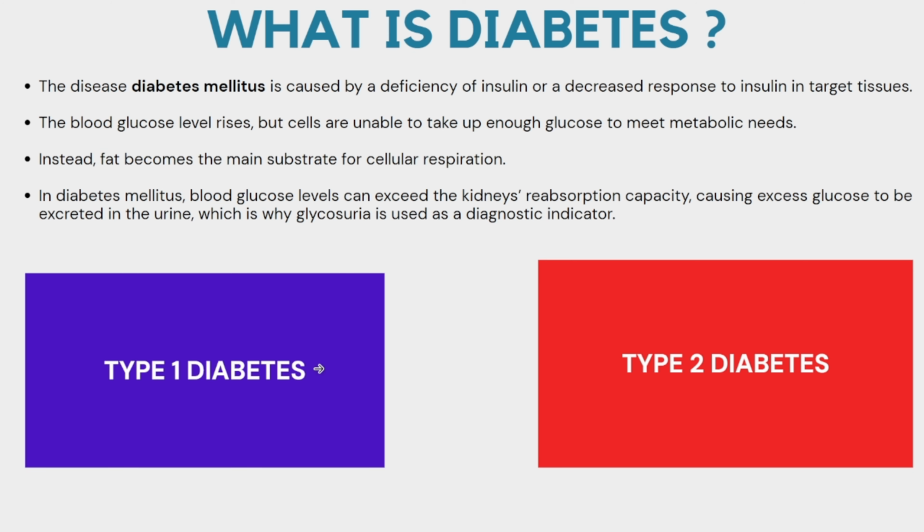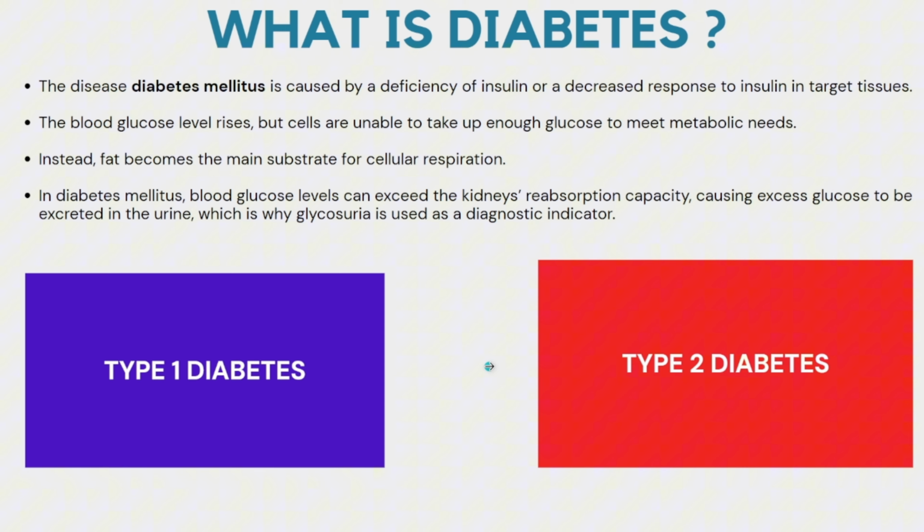It is an inherited, autoimmune disease that occurs naturally. Although some research now says it may have a human-made effect, for the majority of patients it is a natural effect. The disease is inherited. The patient cannot produce insulin and needs to always inject insulin. This is type 1 diabetes.